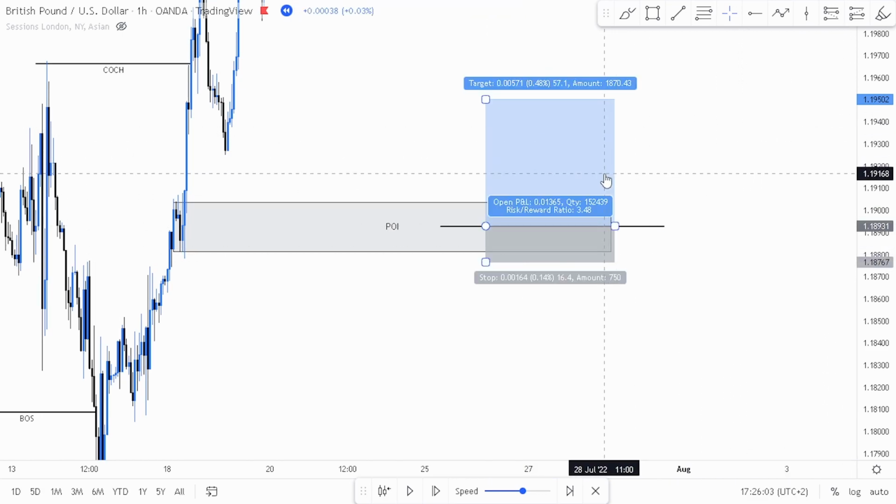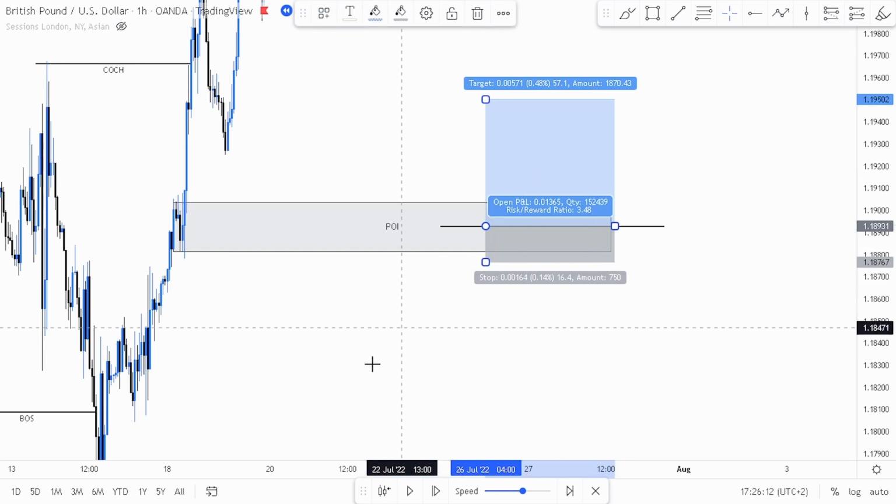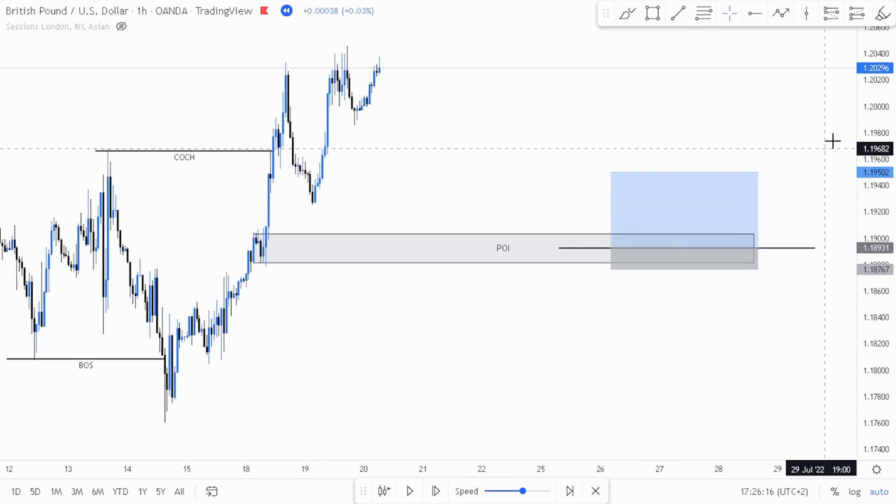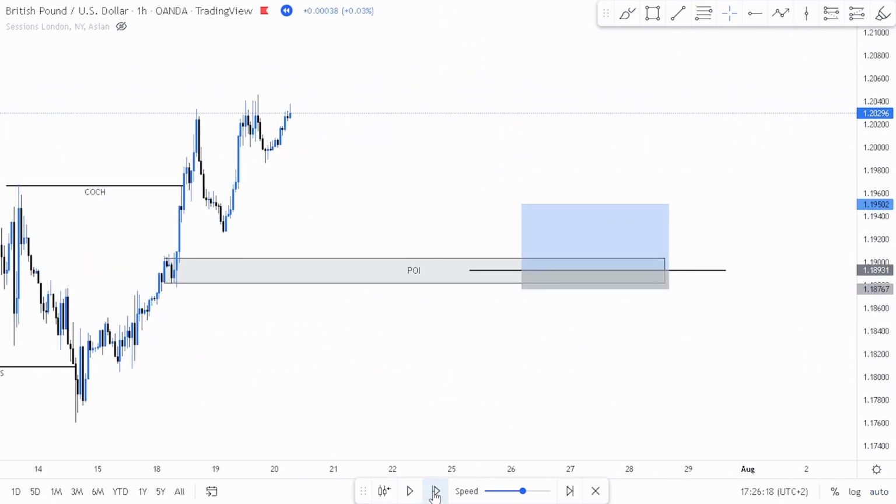As you guys can see, the stop loss is just 16 pips, which is a very small stop loss whether you're trading a big account or a small account. So yeah, I just wanted to quickly add on to that. So let us just see what price does.